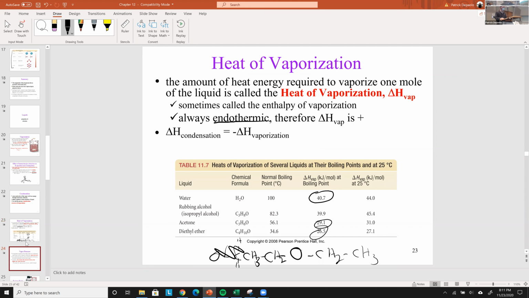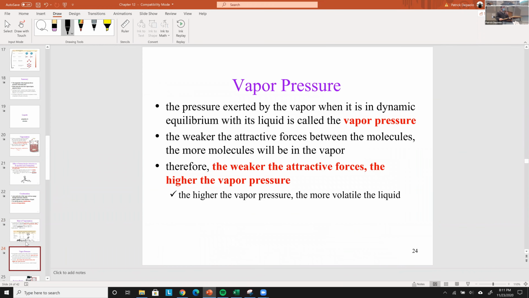Let's go on. All right, next. Vapor pressure. I talked about this already, but basically the pressure exerted by the vapor when the substance is in dynamic equilibrium with its liquid is called the vapor pressure. The weaker the attractive forces, the more molecules will be in vapor. That makes sense, right? Because if you spill acetone, a lot of the molecules immediately move to vapor.